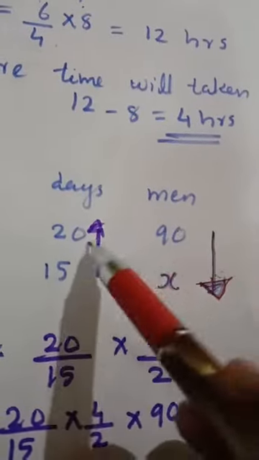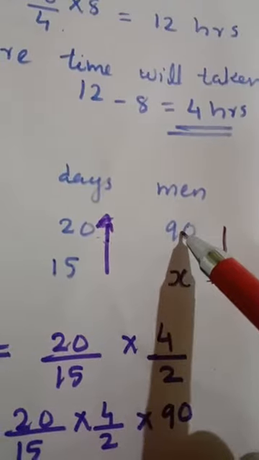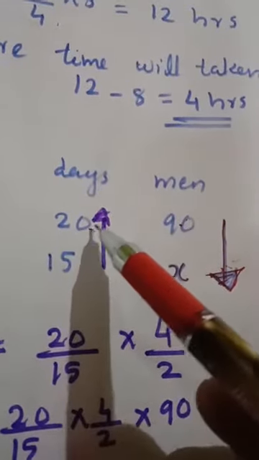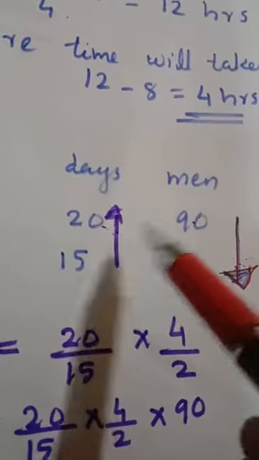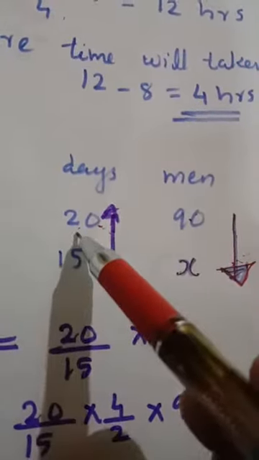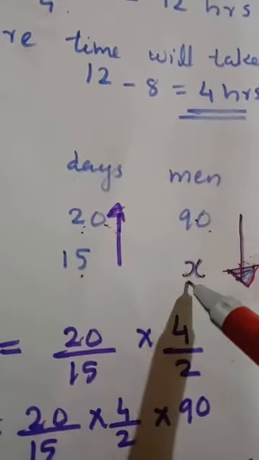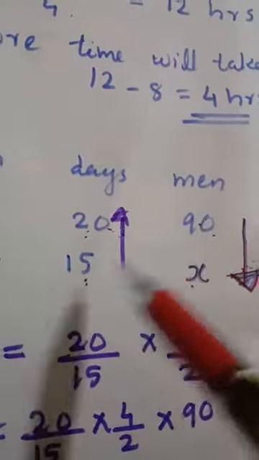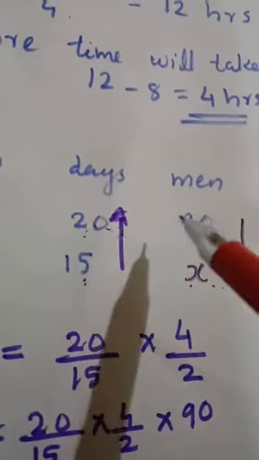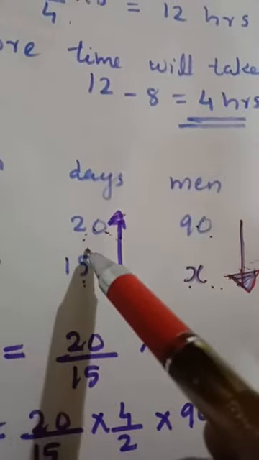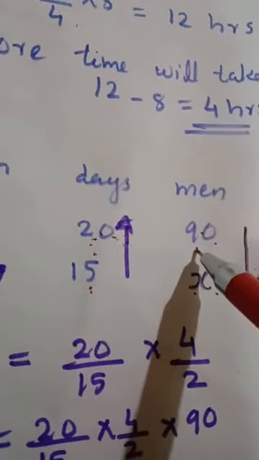So men and days: is it direct or inverse? Inverse, because if 20 days with 90 men, to complete within 15 days more men are needed. Less time, more men. More time, less men.